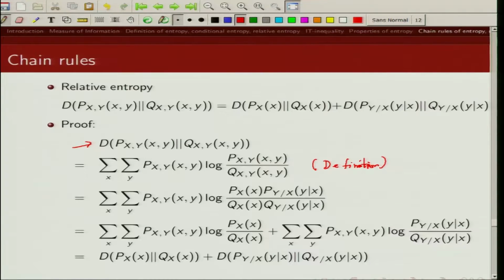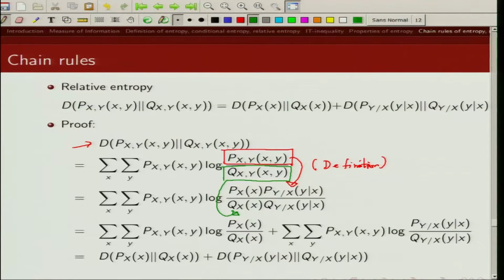Now these joint distributions can be written in terms of conditional distributions. So I can write this like this, and similarly I can write this in this particular fashion. Now I will separate these two terms.